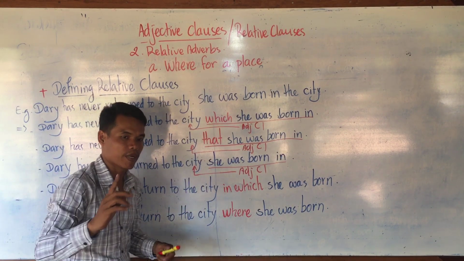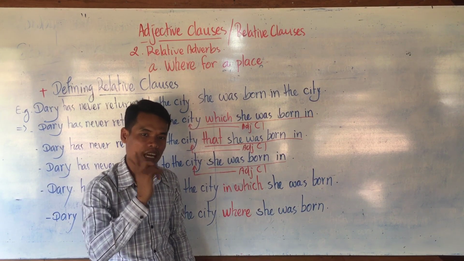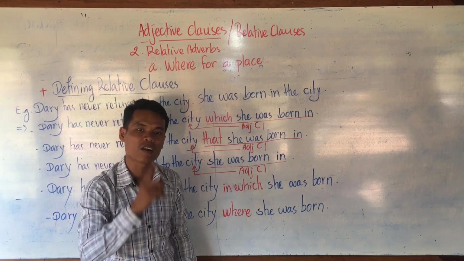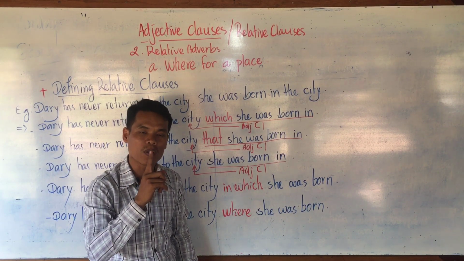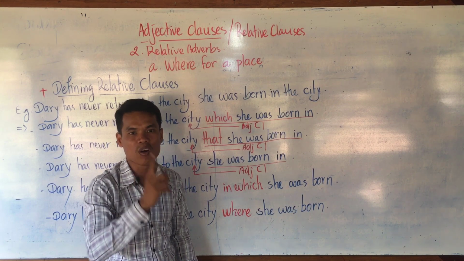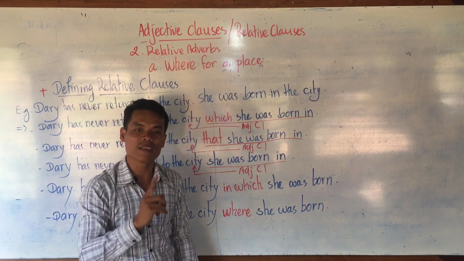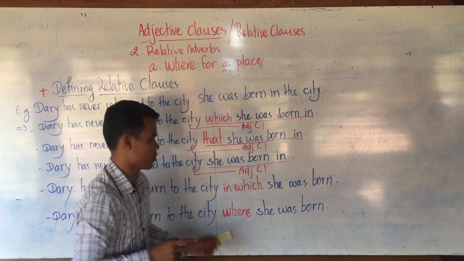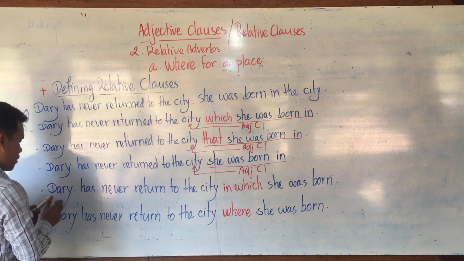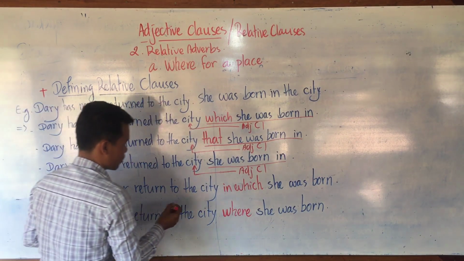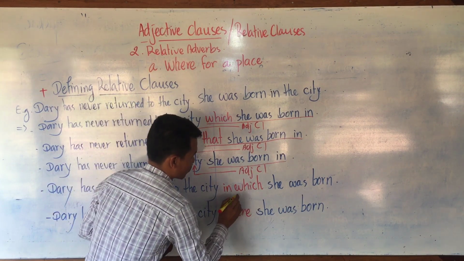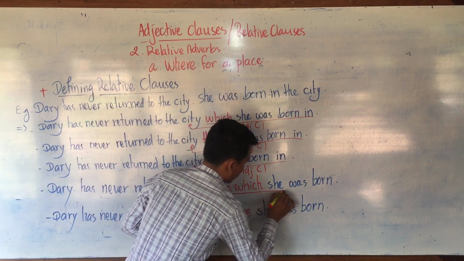So you remember that when a preposition comes before a relative pronoun, for people, only whom is used. For things, only which is used. So we can write another adjective clause. Dary has never returned to the city in which she was born.